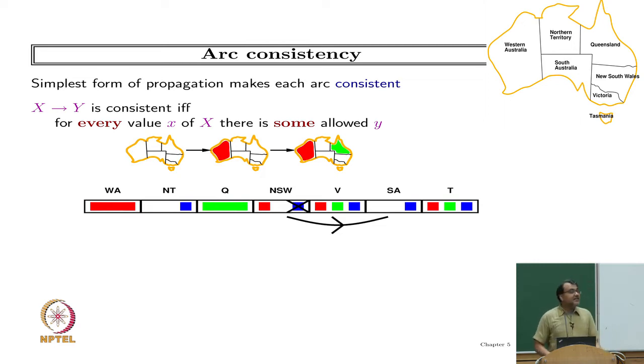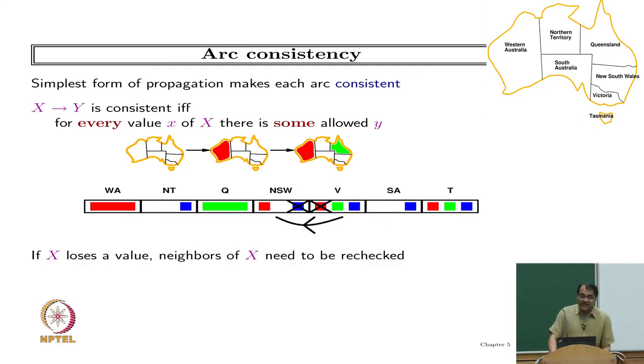But now let us look at it in the other direction. For every value of New South Wales, do we have a value for South Australia? No. For value New South Wales blue, we do not have a value for South Australia. So, we can remove New South Wales being blue. We have proven that New South Wales cannot be blue. This keeps going. Let us say we check Victoria to New South Wales now.